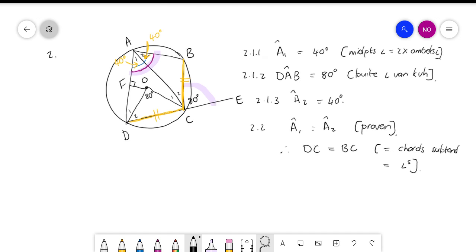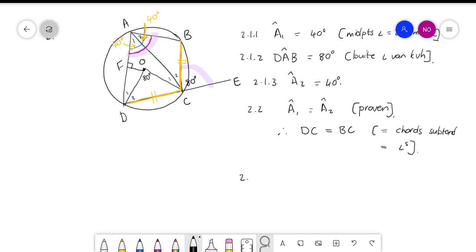Okay, then 2.3, it went a little bit better, but you guys didn't write down all the reasons, so you missed marks on your reasons. They tell you, if it is given that OC is equal to 5, and OF is equal to 2.5, determine the length of AD, leave your answer in surd form.